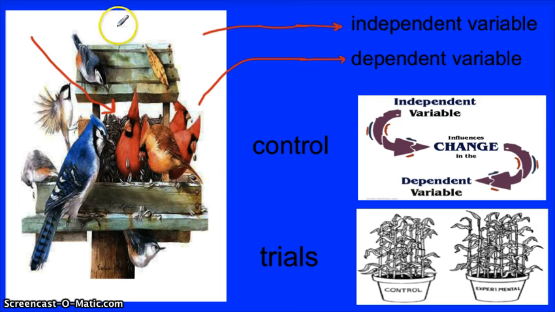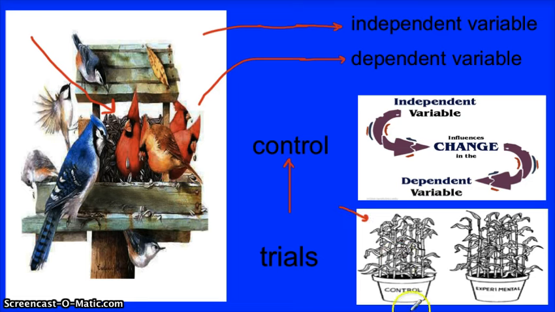I mentioned you would only change, for example, the type of seed that's in here. There's lots of factors that could have changed. The ones that you didn't change, we mentioned the color of the birdhouse, whether it's in the shade or whether it's in the sun. Those are often called the control. The controlled variable is the control.